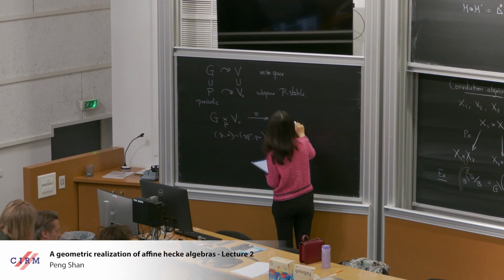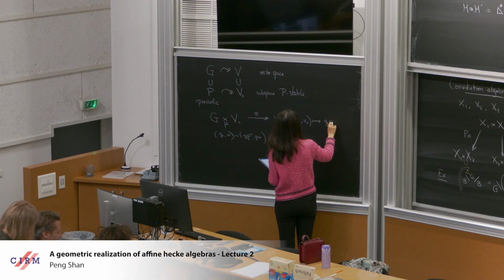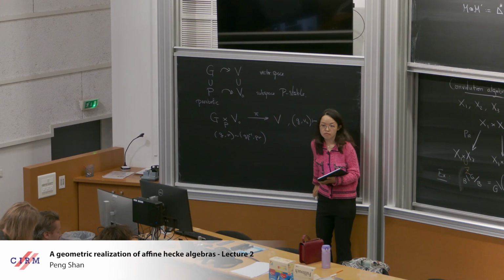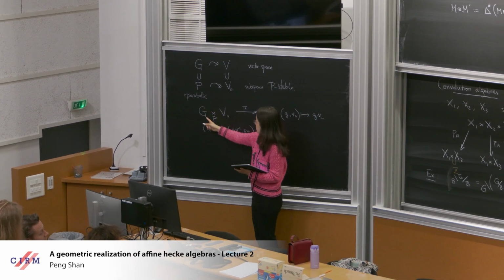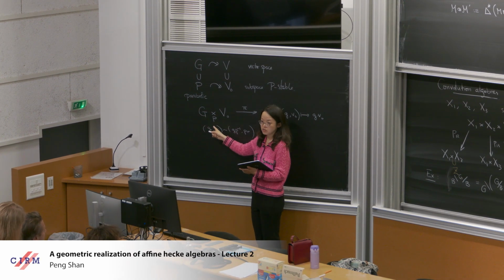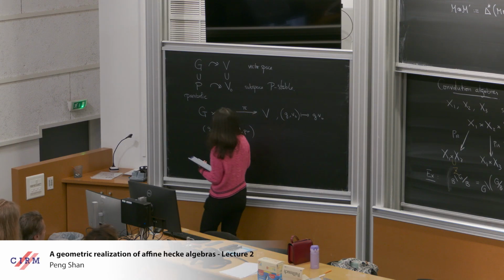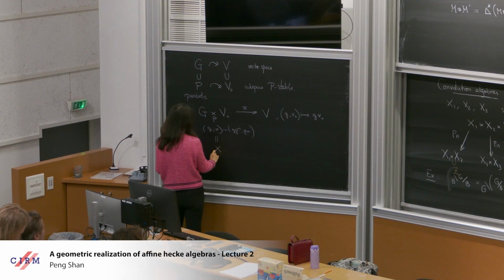This map is nothing but just (g, v0) sends to g acting on v0. Okay. So this is a vector bundle over G mod P, which is a homogeneous variety, and so it's smooth. So this will be my X. This is smooth.